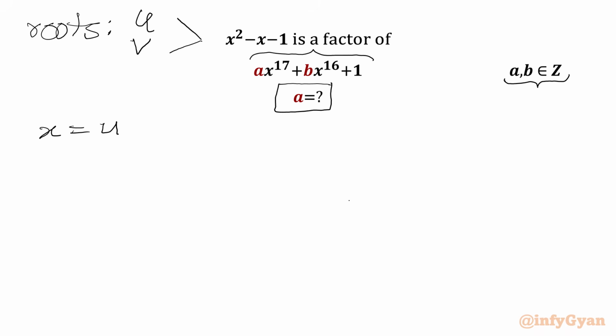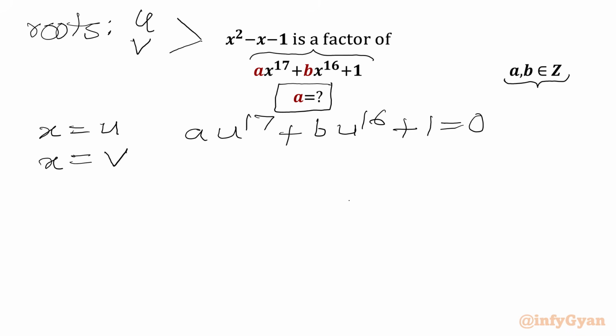We can write a·u¹⁷ + b·u¹⁶ + 1 = 0. And once we plug in x equal to v, we will get a·v¹⁷ + b·v¹⁶ + 1 = 0.